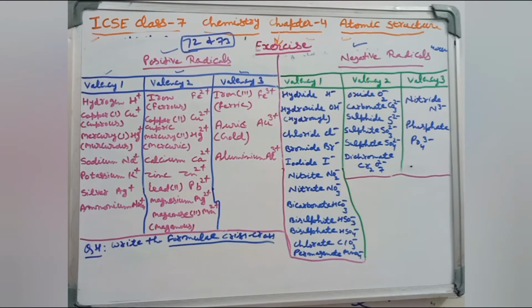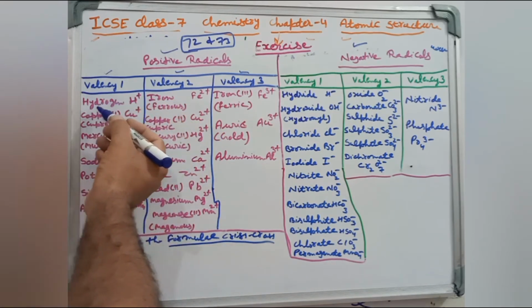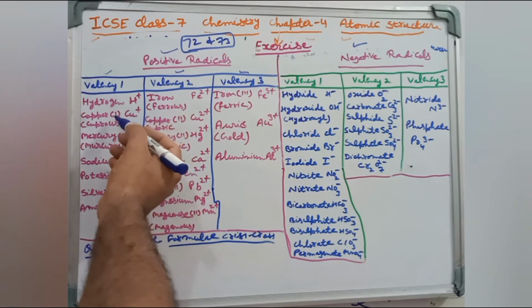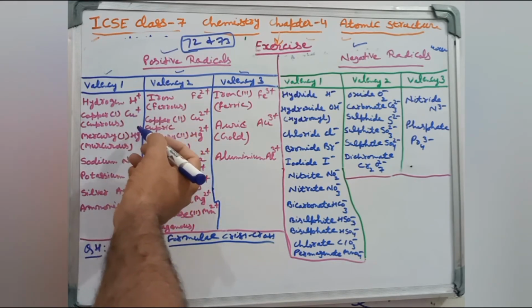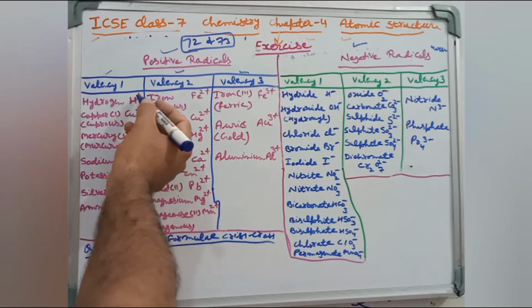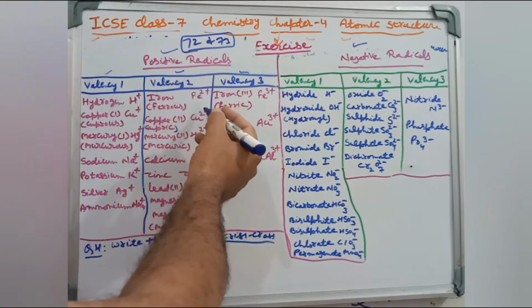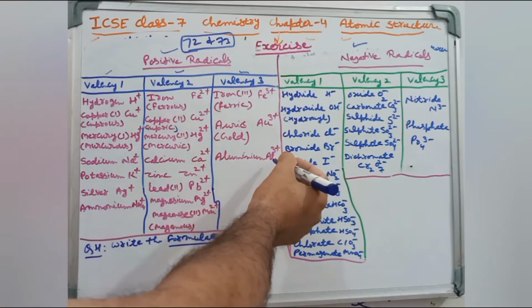Let us go through these. For example, hydrogen H plus, copper 1 has variable valency of 2, cuprous and cupric. Only a single plus means valency 1, 2 plus means valency 2, 3 plus means valency 3.